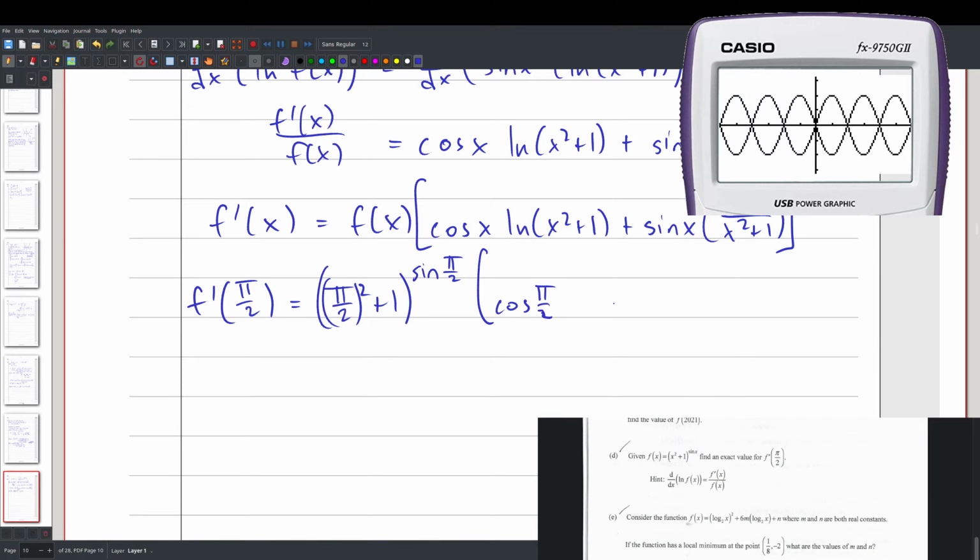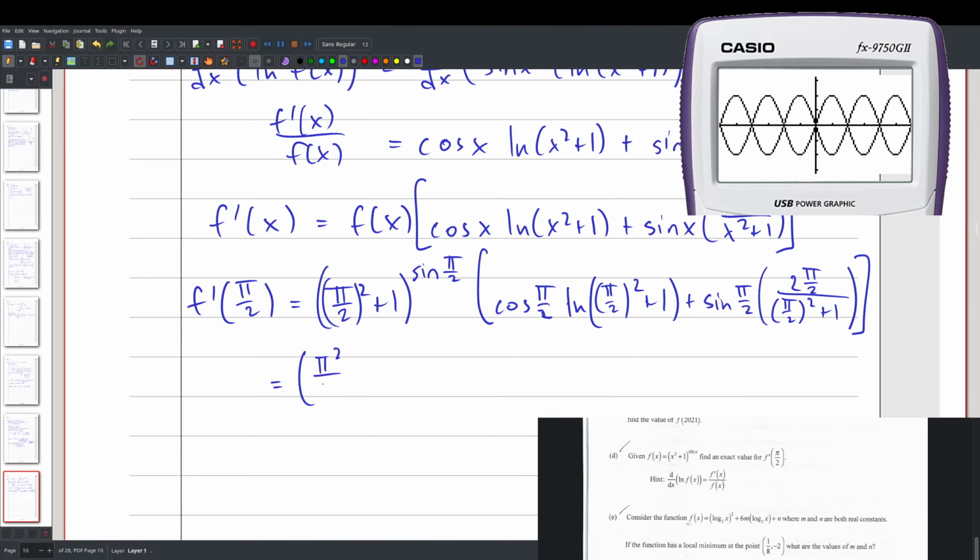And we already know that's 0, so don't have to bother, but just write it out. Pi on 2 squared plus 1, plus sine pi on 2 times pi on 2 on (pi on 2 squared plus 1). Alright. And sine pi on 2 is just 1, so this is pi squared on 4 plus 1 times, and this is 0.